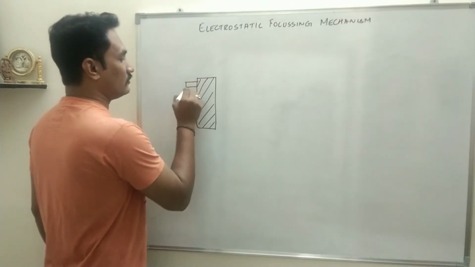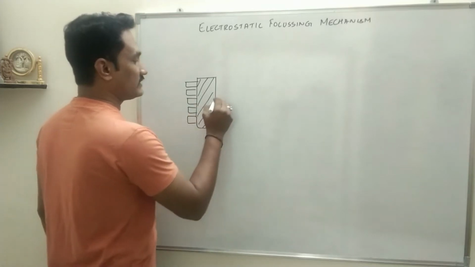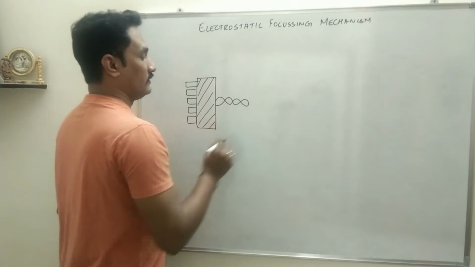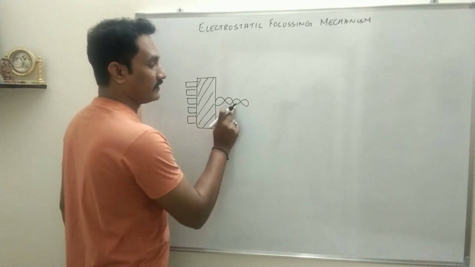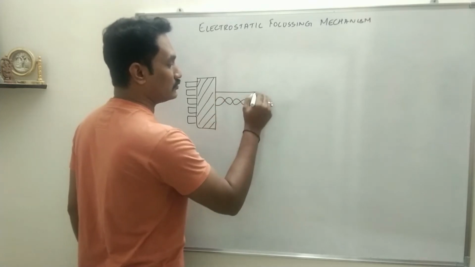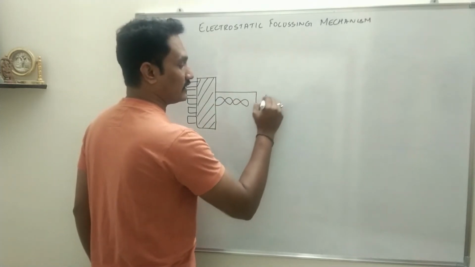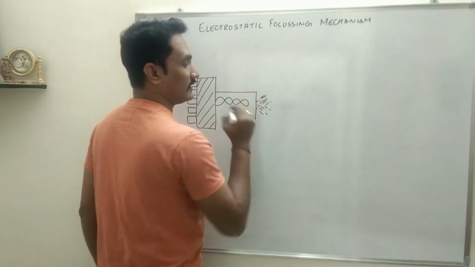Okay, so now there is a base. To the base there are a number of pins attached, and when power supply is applied to the pin, the filament gets heated up. The filament is used to indirectly heat the cathode element. As soon as the cathode element is heated, it emits electrons.